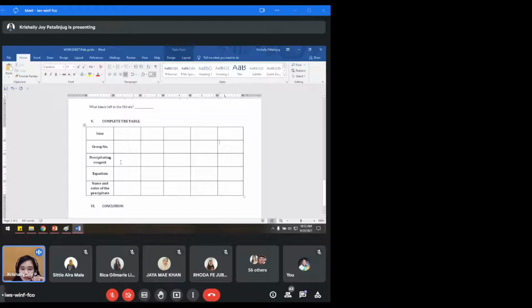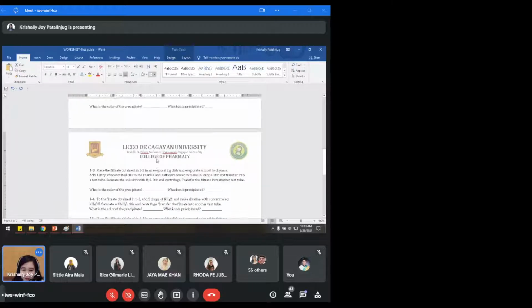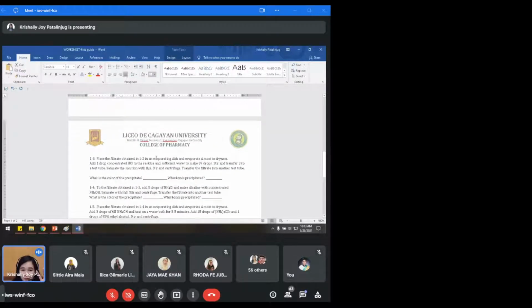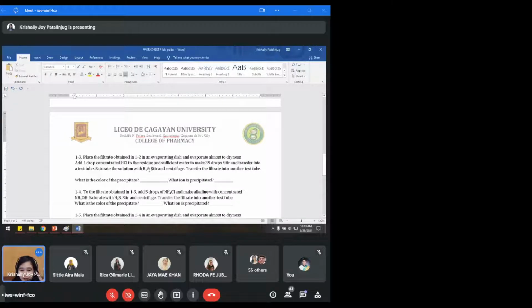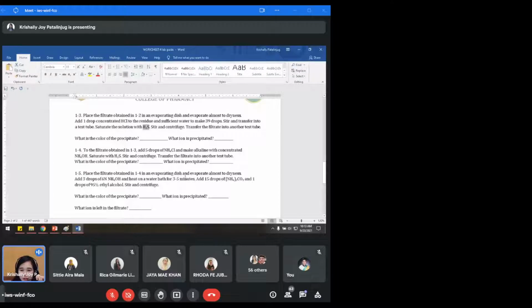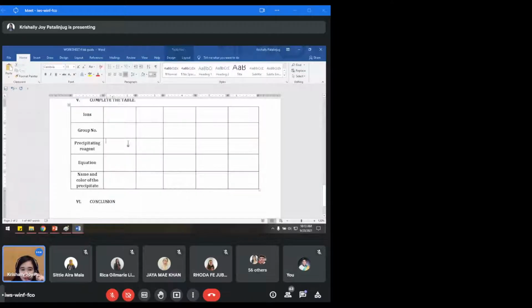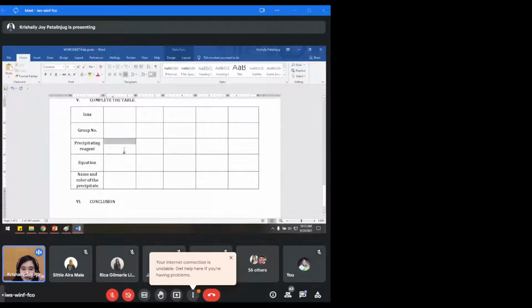Sa precipitating agent, depende yan kung ano yung ginamit. Please take note, yung dihydrogen sulfide dyan, change that to ammonium sulfide. Precipitating agent, you have to be specific.